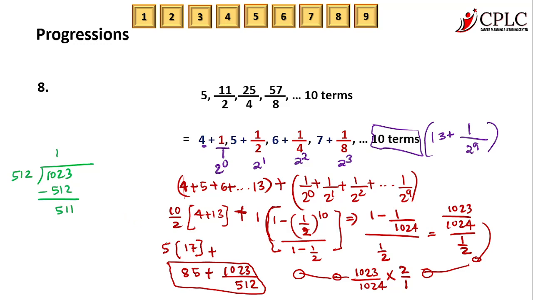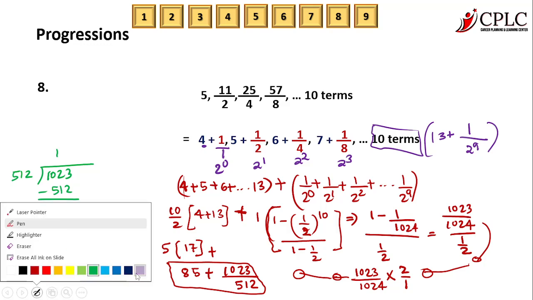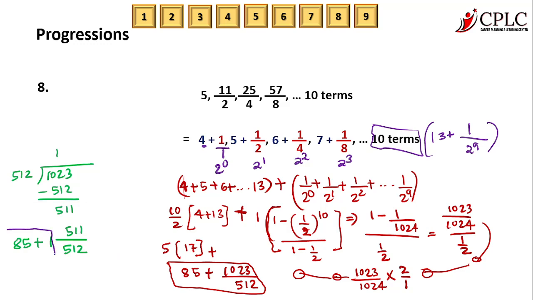So this number can be rewritten as 85 plus the quotient 1, remainder 511, and divisor 512. What they are expecting is that these two integers will be added and we get 86 and 511 upon 512. That is the correct answer for this question, which is given in answer option 1 basically.